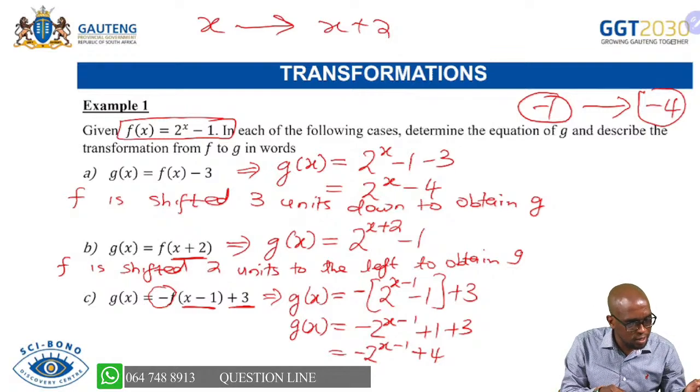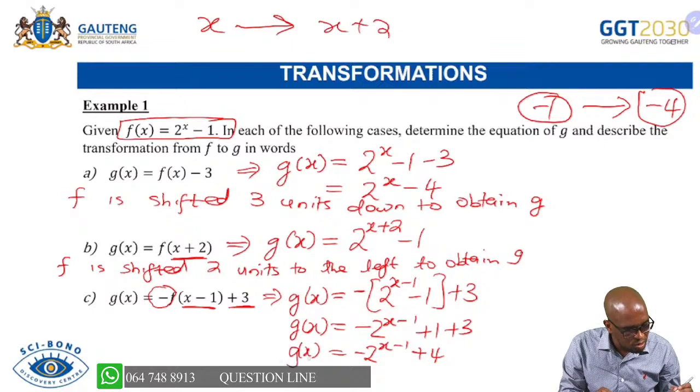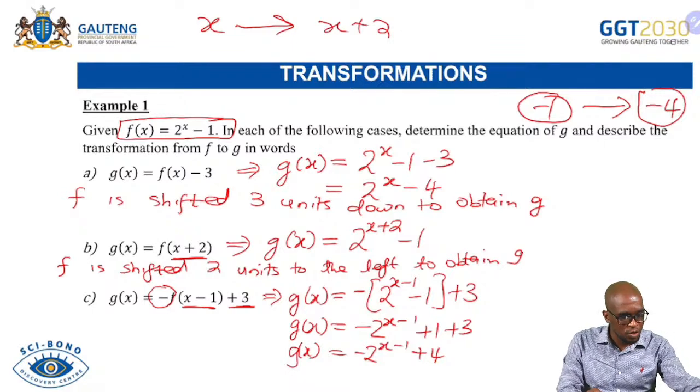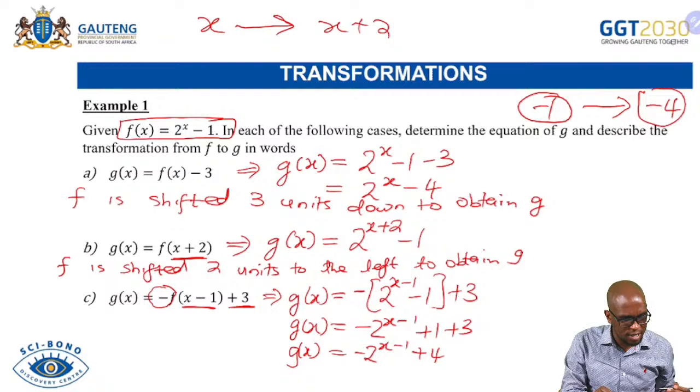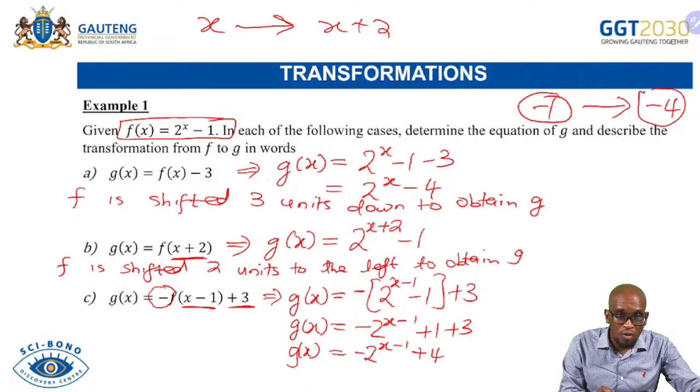Now, if you compare g with f, you can see that instead of 2 to the x, you have minus 2 to the x minus 1. So there is a translation of 1 unit. There is also a reflection about the axis, but there's also a vertical movement.